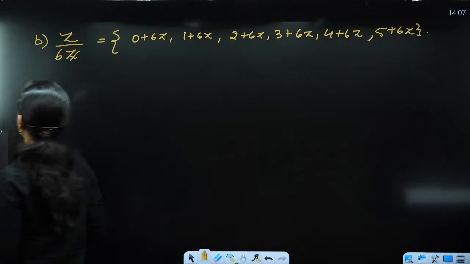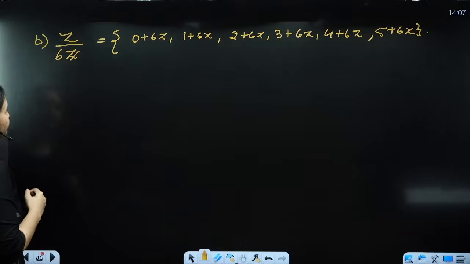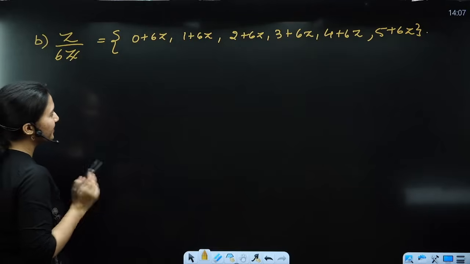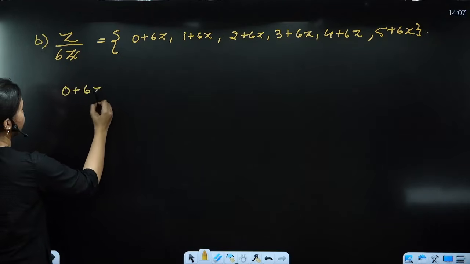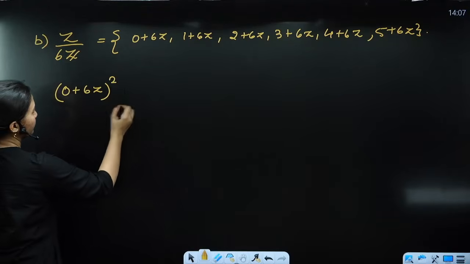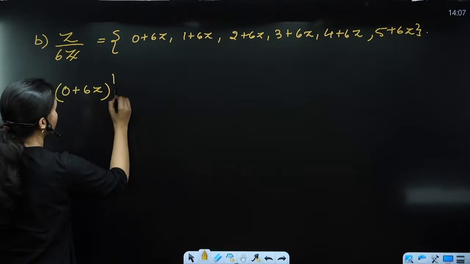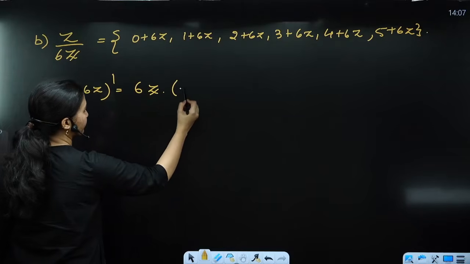Now if you look at their orders, or let's just find their orders. Let's say you have 0 plus 6Z; if you operate it once, you are going to get again 6Z, which is going to be the identity element, right?